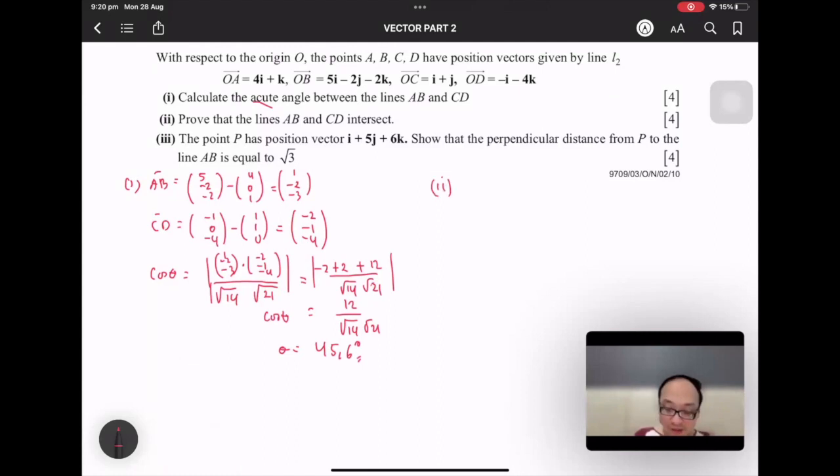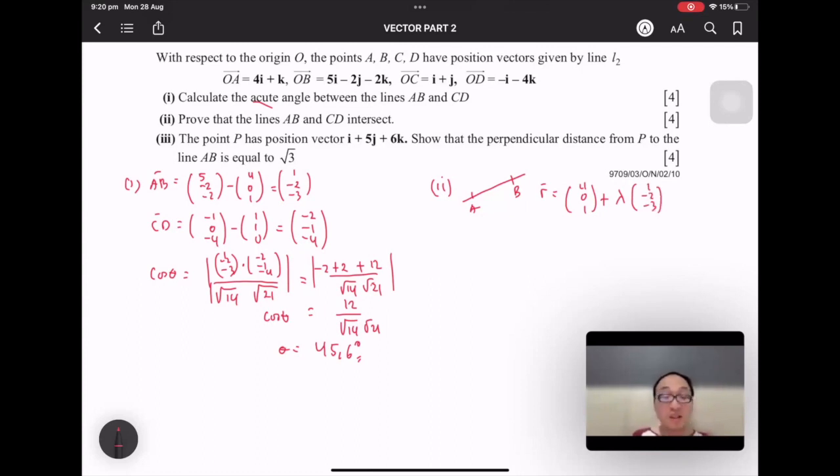Prove that the lines AB and CD intersect. So we can find the equation of the line AB. So this is A, this is B. So the equation of AB has the initial point, I can use point A, 4, 0, 1, plus lambda times the direction vector of AB, so 1, -2, -3.